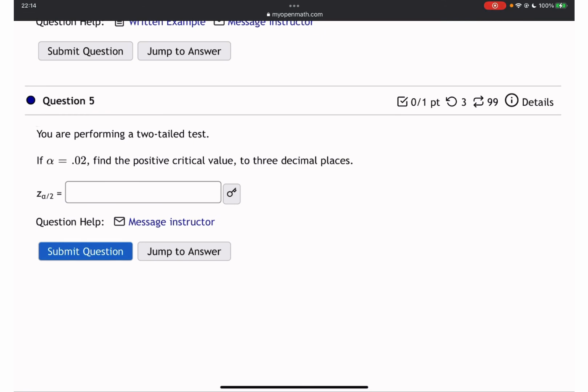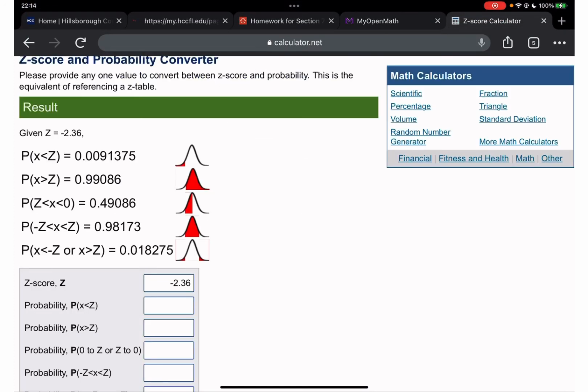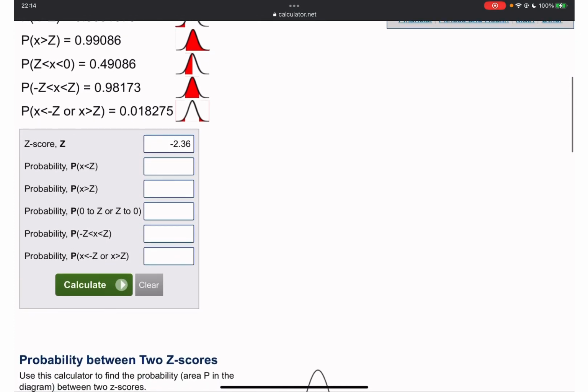Do we have one more question? Yeah, we can solve this one also. You are performing a two-tail test. If alpha is equal to 0.02, find the positive critical value to the decimal places. So we are going to take 0.02 for the p-value. Where is our p-value? Okay, here it is.